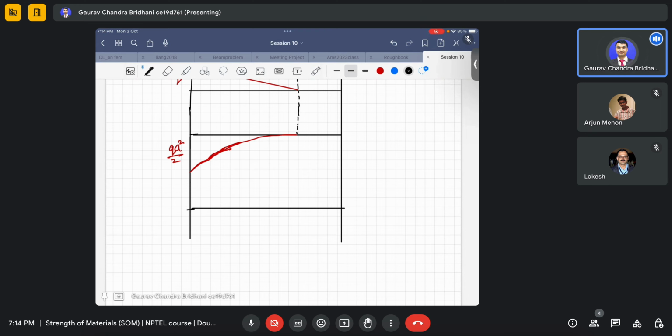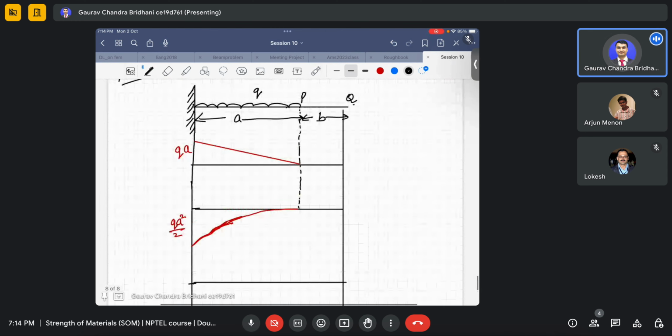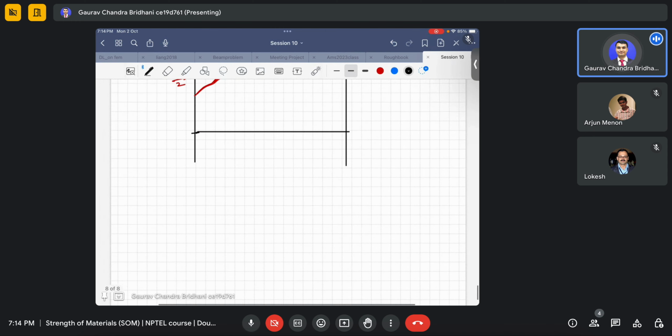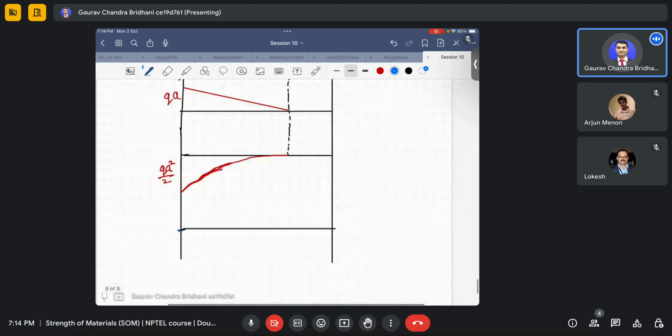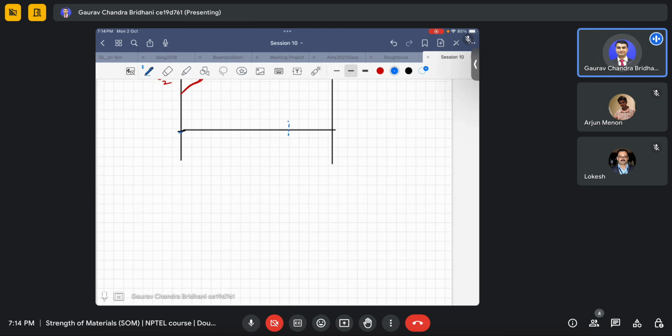I'll draw for the current case where there is a UDL. Till this point, the beam has a curvature, an elastic curve, like this. I have drawn it a little exaggerated, and after this it's just like a straight line.